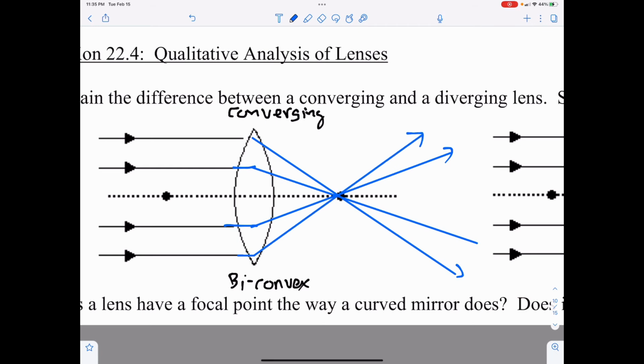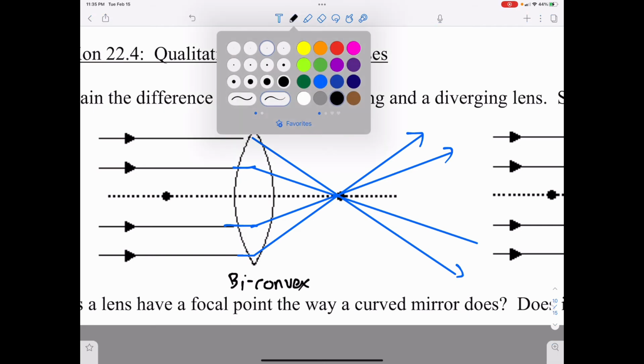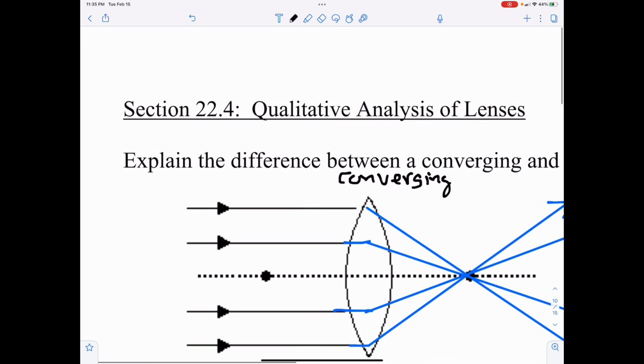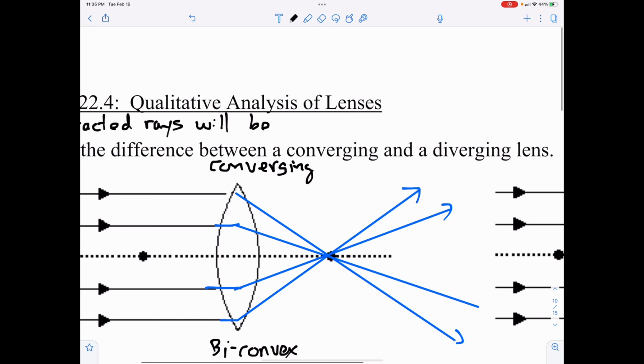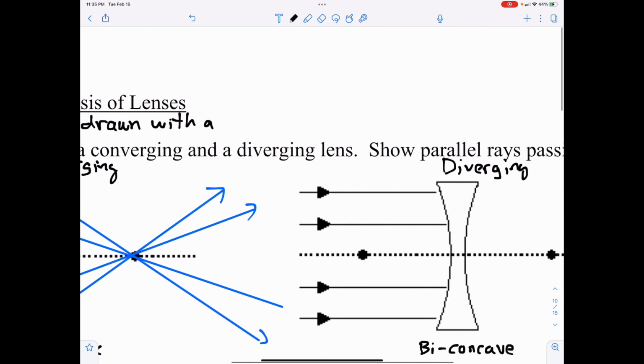Okay, now something to consider, just like we had in the previous section. Let's write this down. Just like all reflected rays have a back ray, all refracted rays will be drawn with a back ray extension.